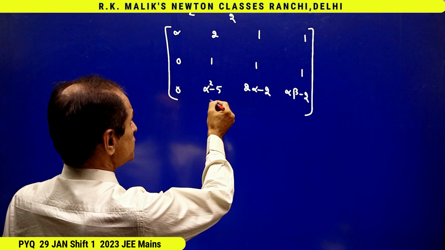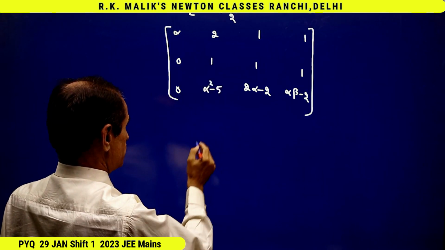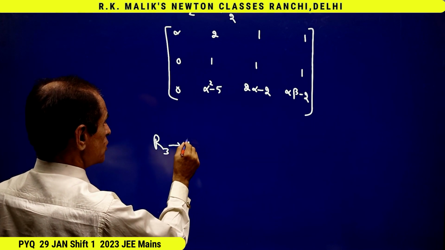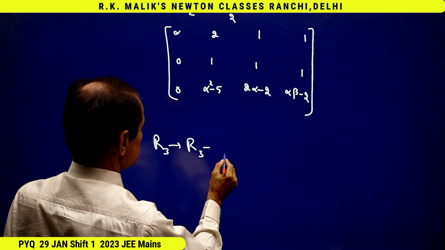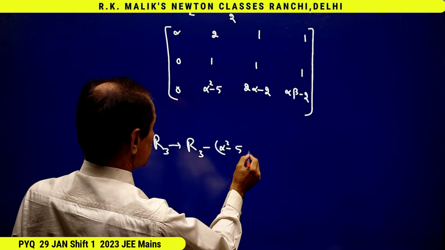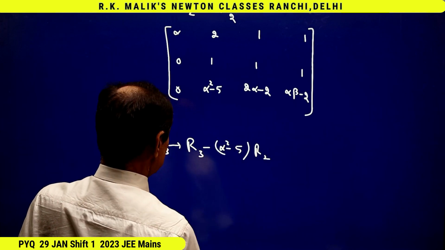Now I will make this element 0 with the help of this element. That is, I use the operation R3 changes to R3 minus (alpha square minus 5) into R2.